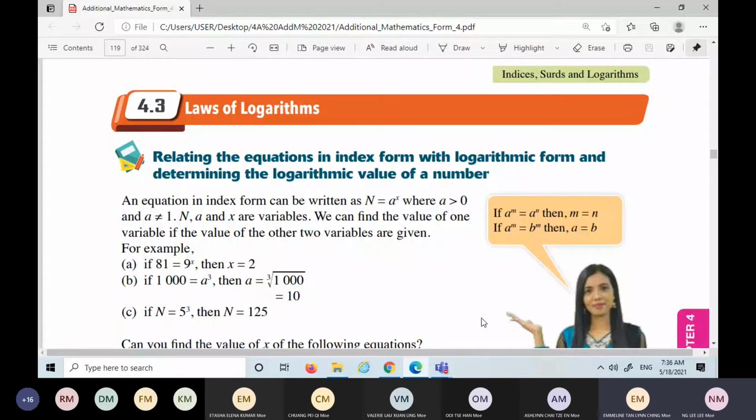Yes, can. Okay, let's start. Use the same books. This is the index for today: law of logarithm. Today is 18.